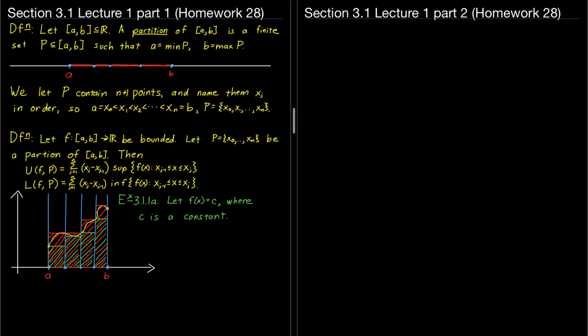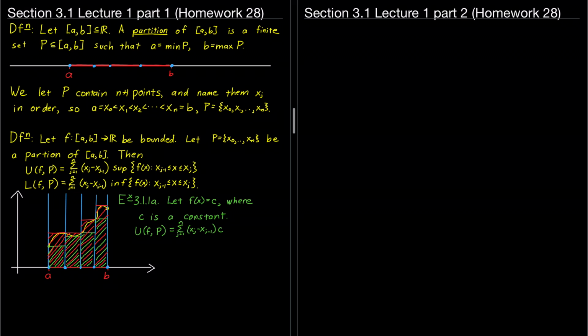And then the upper sum of f over any partition, sum from j equals 1 to n, of xj minus xj minus 1. Then the infimum of f is c, the supremum of f is c, so we get a c.